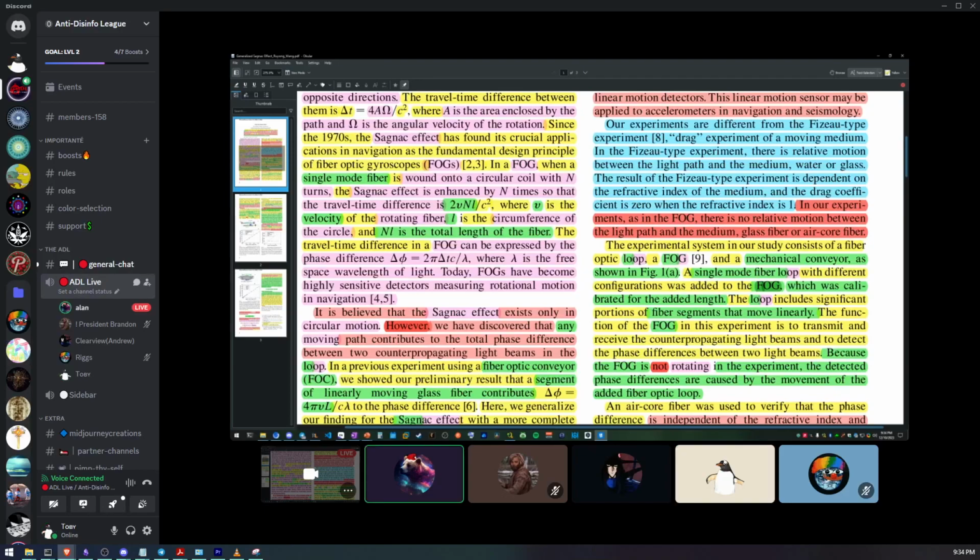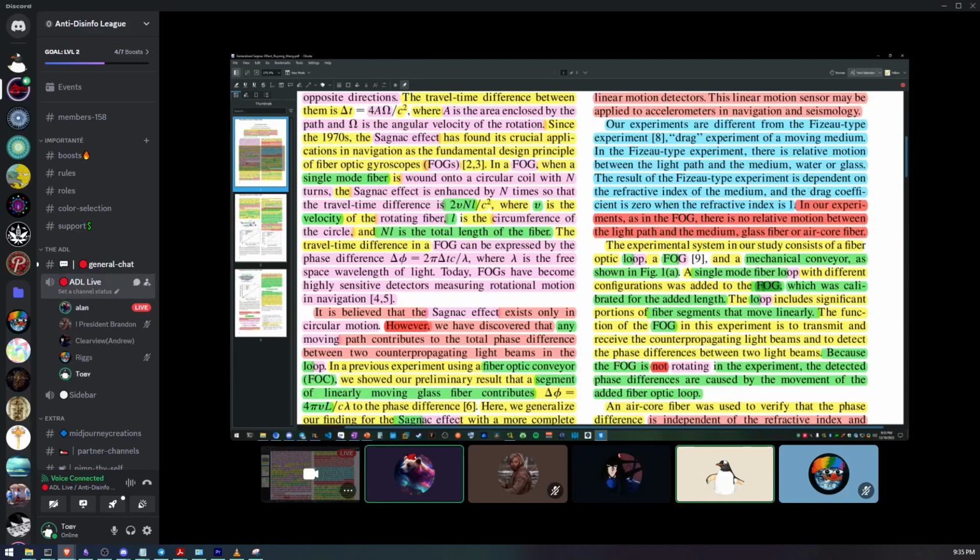The Sagnac effect literally works exactly how Sagnac described it. There's an ether wind within that motion. You generate an ether wind from that motion that creates that proportional variance. That's it.